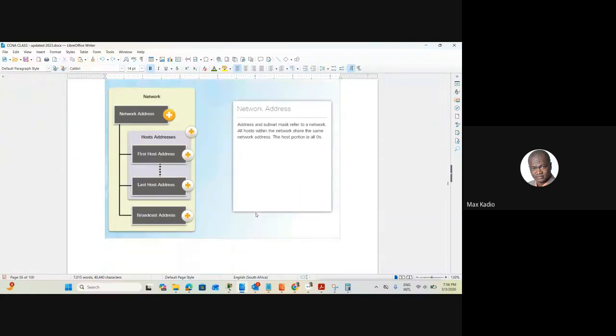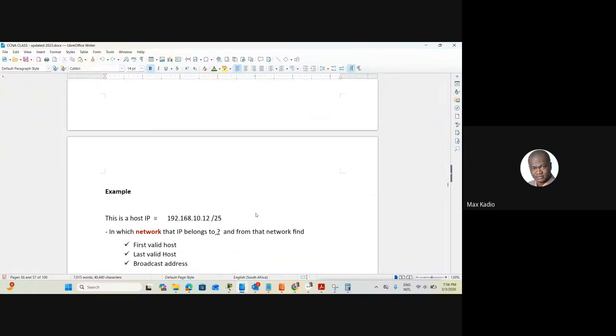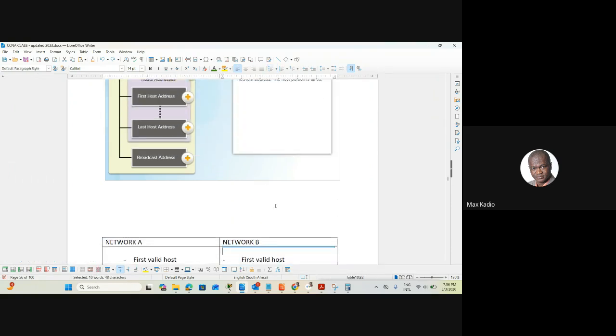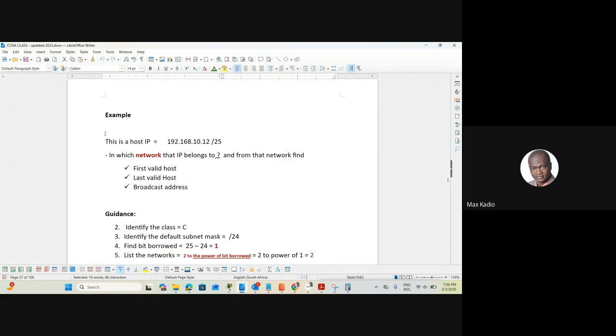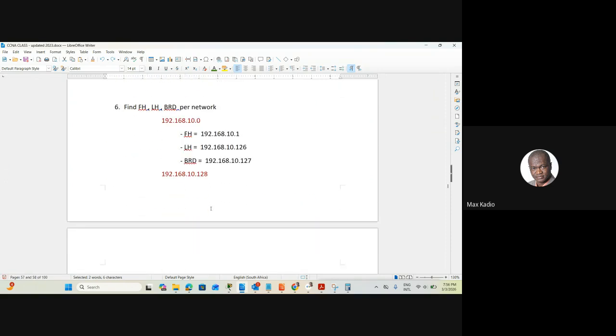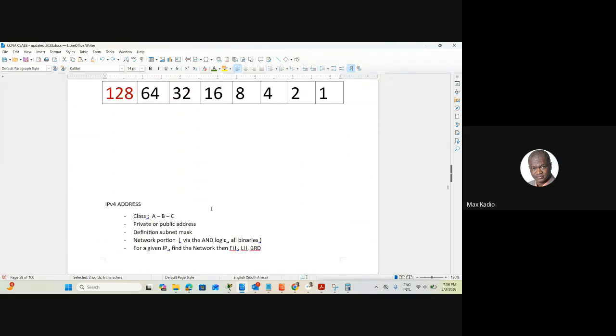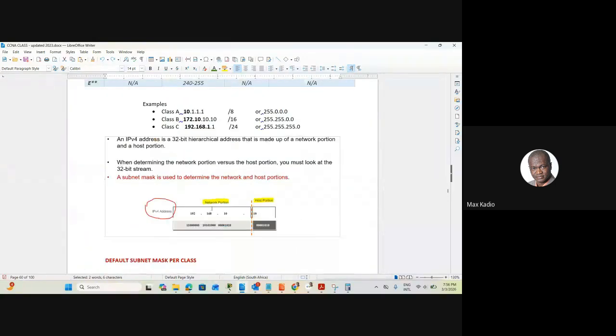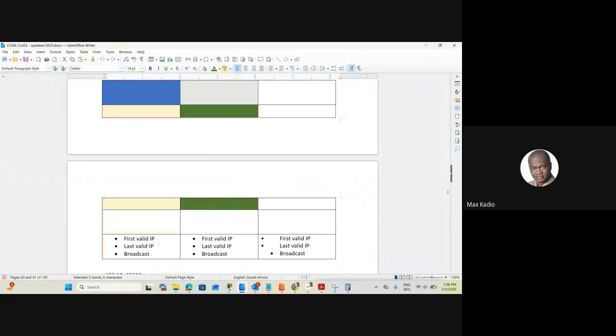Because this one, if you go to data card, it's more confusing. That's why. So you see here, we got 2 smaller networks. In the first one, you should find this. In the second one, you should find this. And this one example, slide 25, I'll send it to you, step by step. And then I'll do another one and send to you. We'll do maybe 5 or 6 of these.